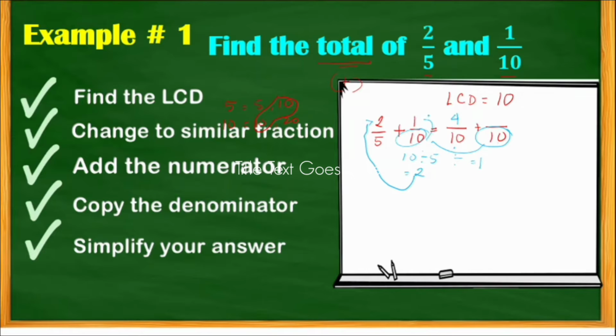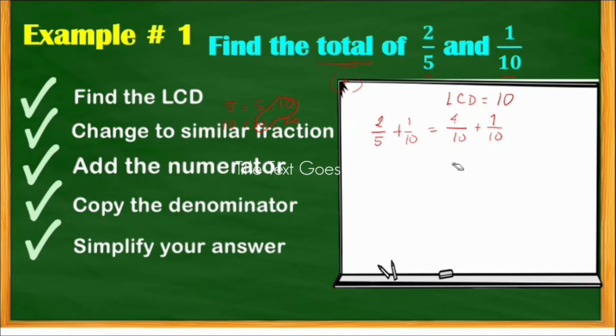And then 1 multiplied by 1, the answer would be 1. So this would be 4/10 plus 1/10. So this will be 4, and then this will be 1.